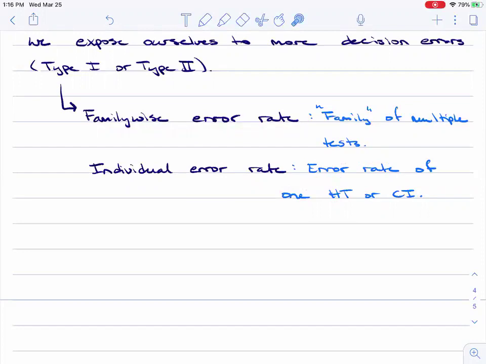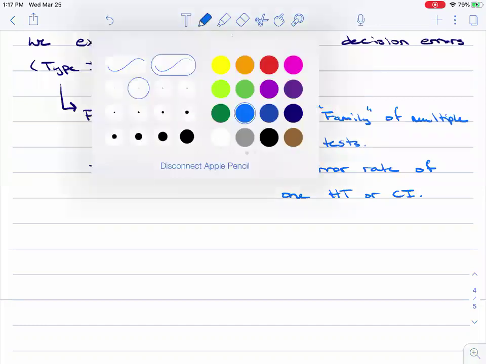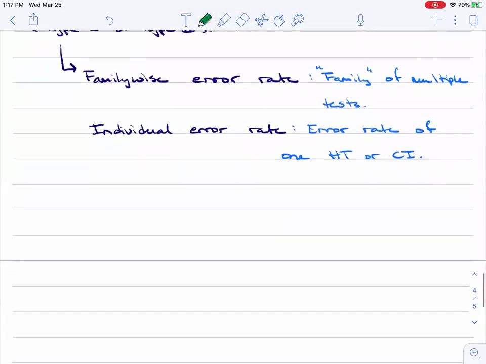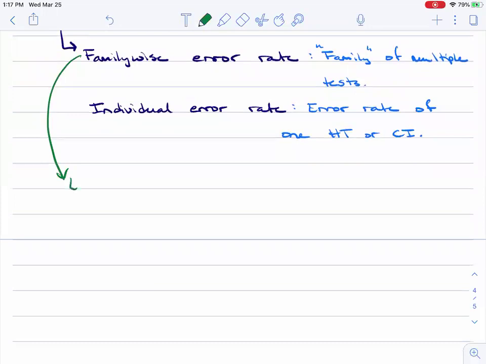Okay, if I'm doing, you know, 5 hypothesis tests, then that's my family of multiple tests, so what's the family-wise error rate?